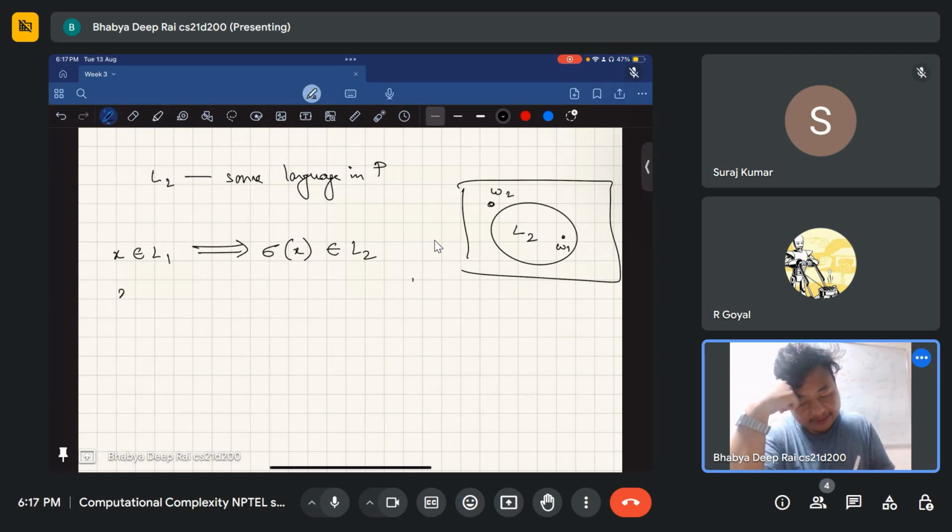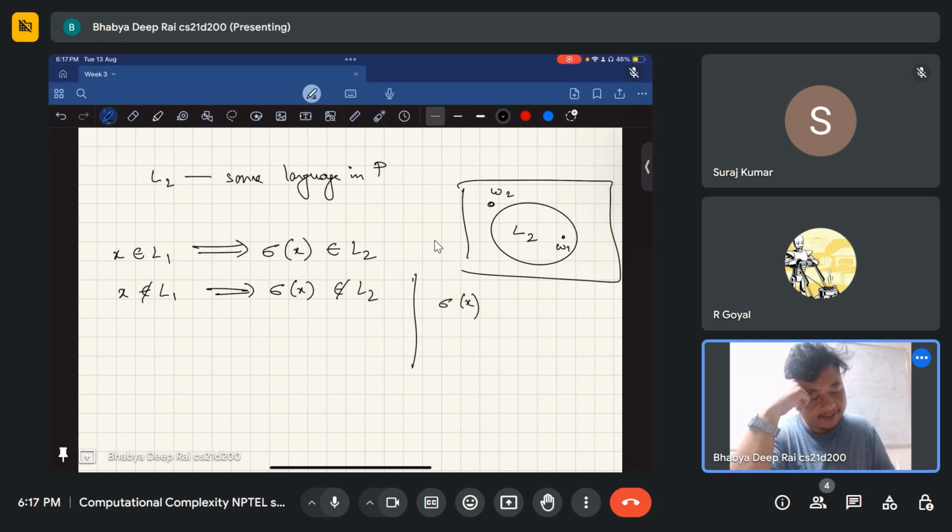And if x does not belong to L1, then sigma of x does not belong to L2. Why? Because sigma of x is defined to be W1 whenever x is in L1, and W2 whenever x is not in L1.